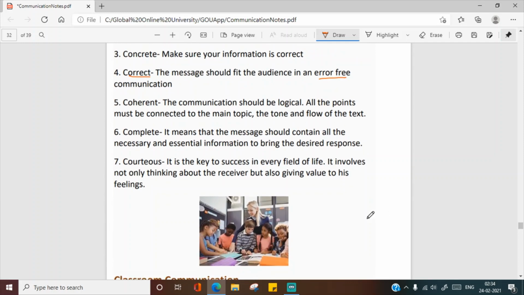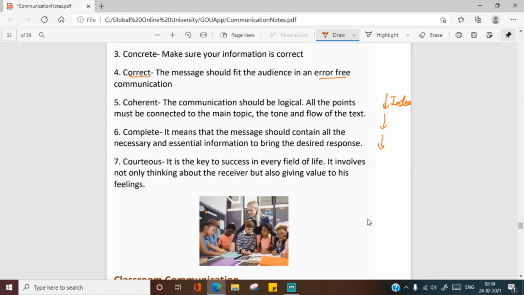Coherent means it should logically flow. There should be a flow of information. There should be connectivity to what you are saying. For instance, if you are talking about our country India, you should just talk about India.